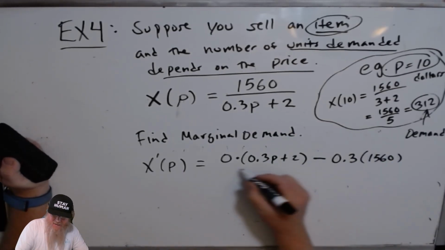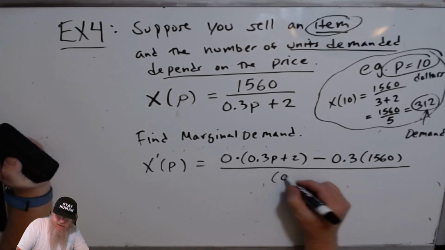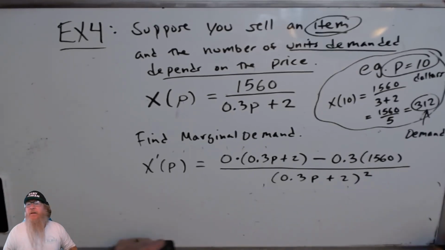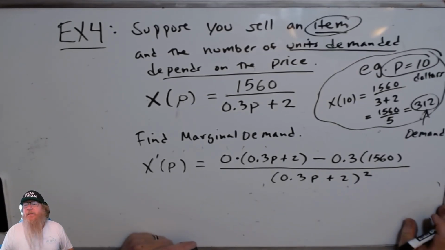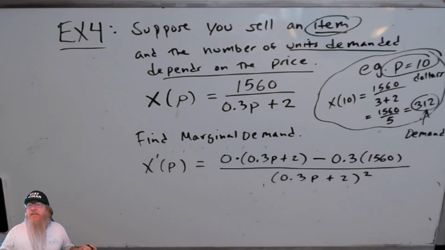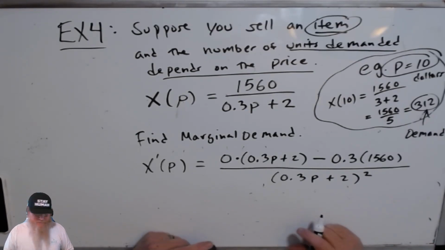I guess we could have done this before. Divided by the denominator squared. I just needed the quotient rule. Maybe I was thinking the chain rule might be appropriate for this. So it ended up in this lecture, but I didn't actually end up using the chain rule. So this kind of just snuck in here.